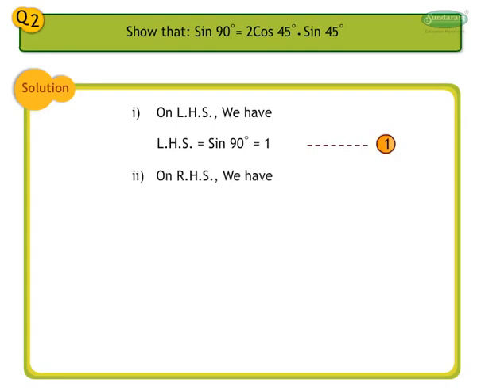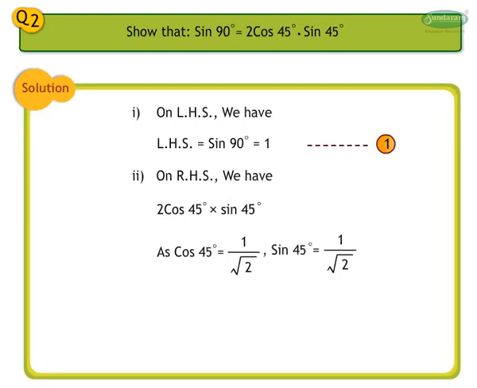2. On right-hand side, we have 2 cos 45 degrees into sin 45 degrees, as cos 45 degrees is equal to 1 upon root 2, sin 45 is equal to 1 upon root 2.